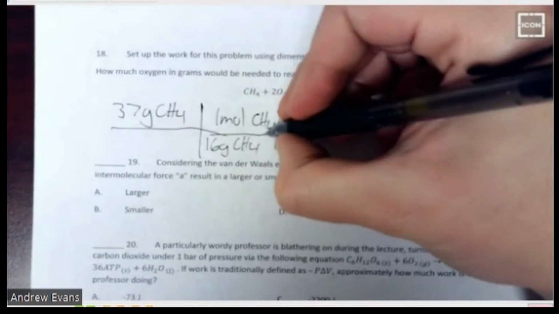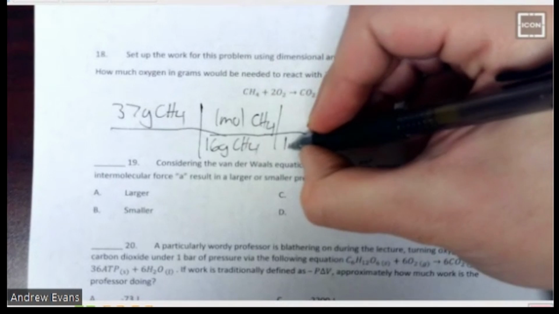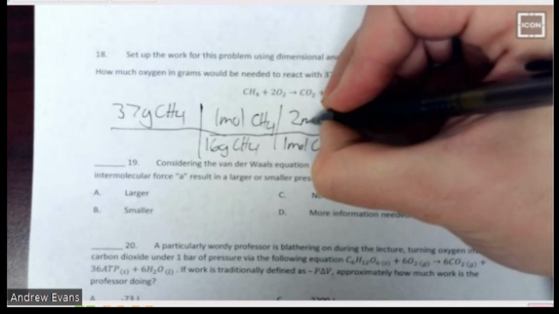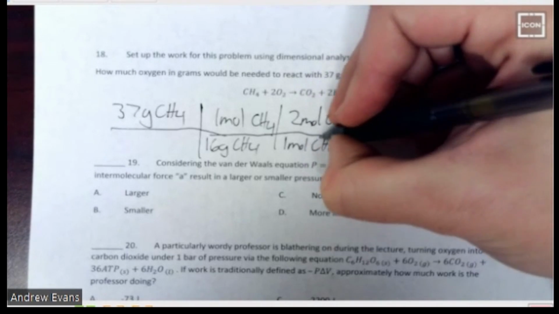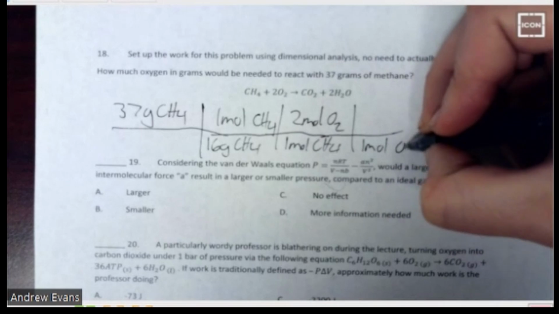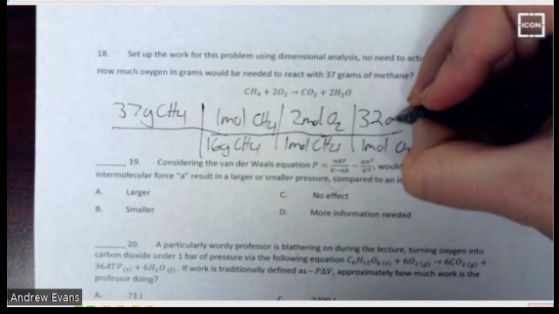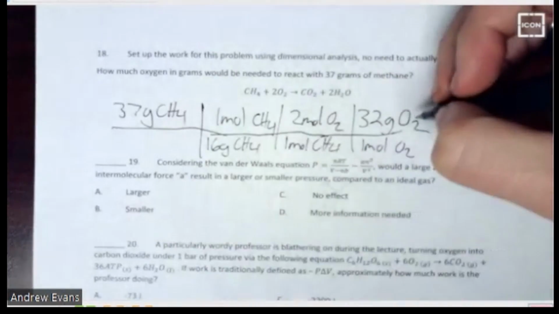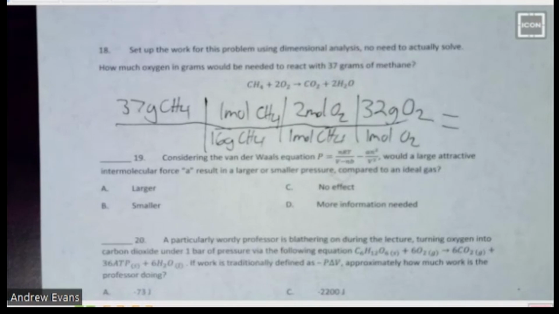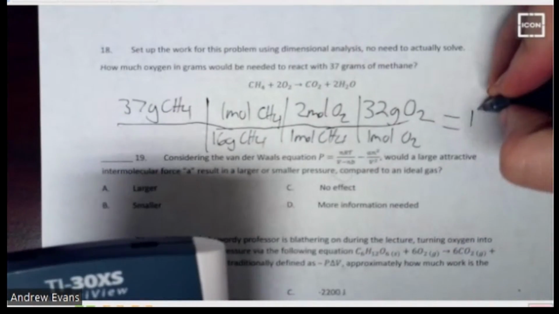Based on the balanced chemical equation, for every 1 mole of methane, 2 moles of oxygen. And for every 1 mole of oxygen, that weighs 32 grams. That's what I expected them to do. That's all. Nothing more, nothing less. You didn't have to solve it, but if you chose to solve it, you got 148 grams.